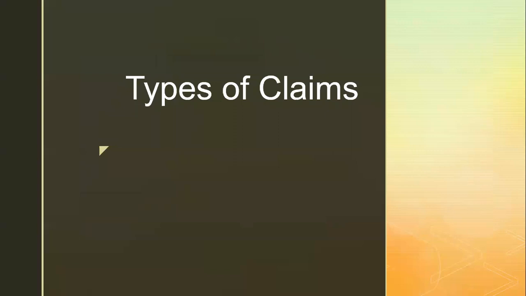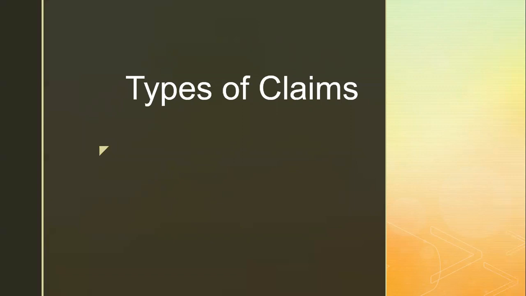Then we also have types of claims. Okay, when reading text critically, it is imperative that you identify the type of claims or the approach to the topic to see the main argument. Although we focus on critical reading, it is useful to note that these claims may also be used when you write your own paper.